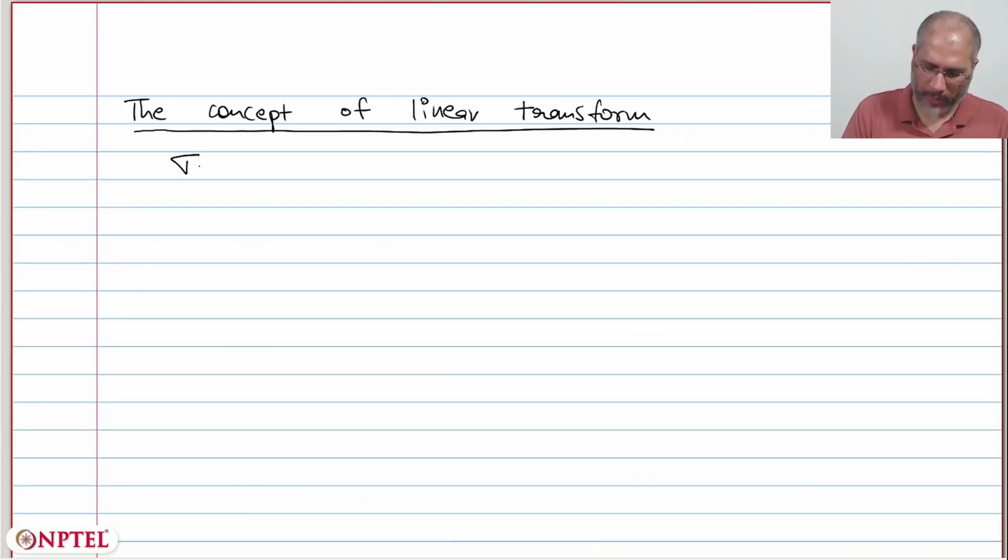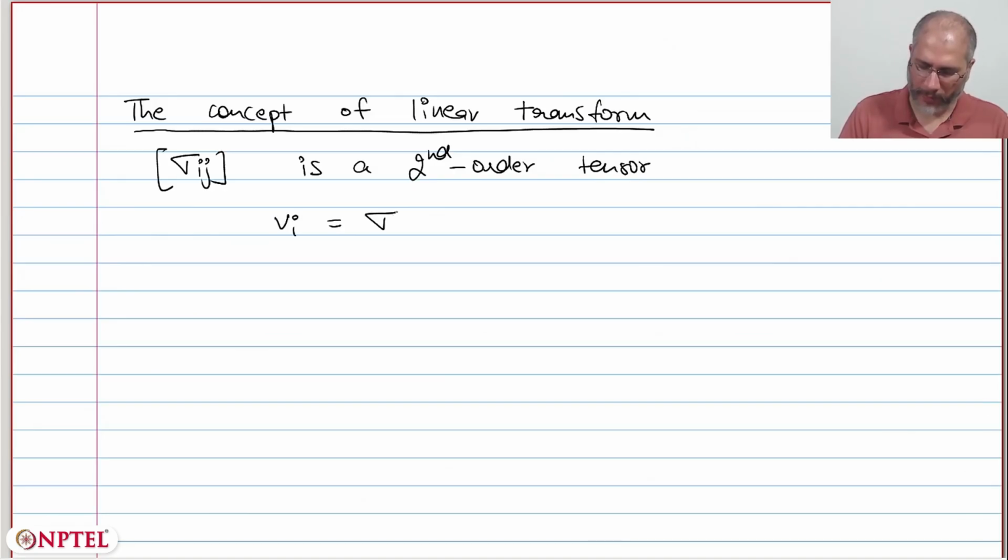So let's say sigma ij is a second order tensor, and we write Vi as sigma ij uj.